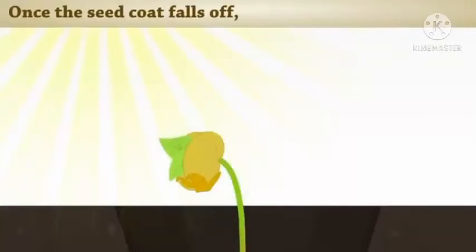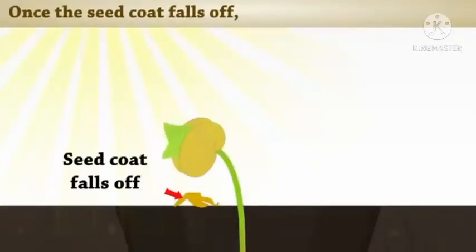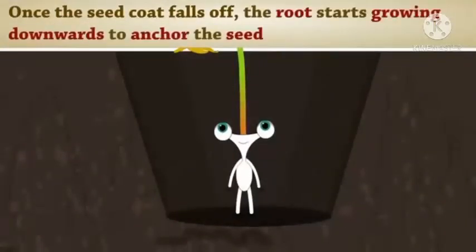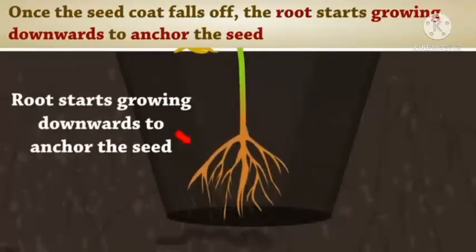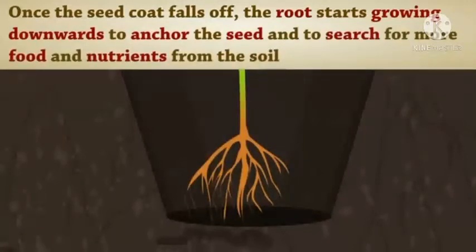Once the seed coat falls off, the root starts growing downwards to anchor the seed and to search for more food and nutrients from the soil.